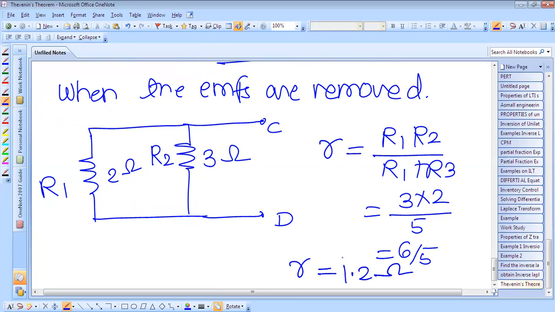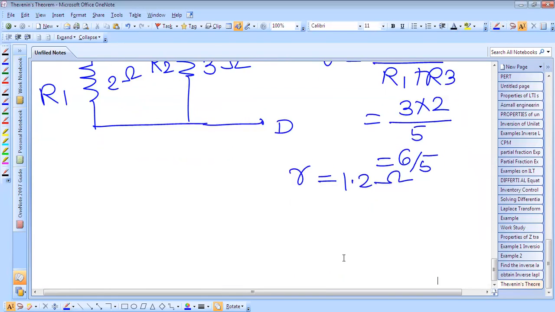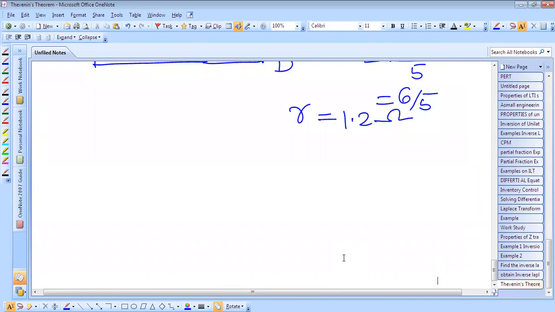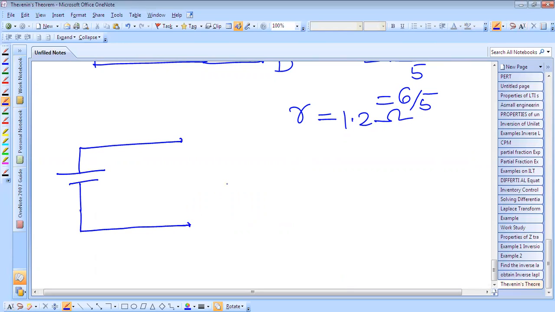Now we can write the Thevenin's equivalent network. So the Thevenin's equivalent network has this Thevenin's voltage, with terminals C and D, and the value of load resistance is 10 ohm.